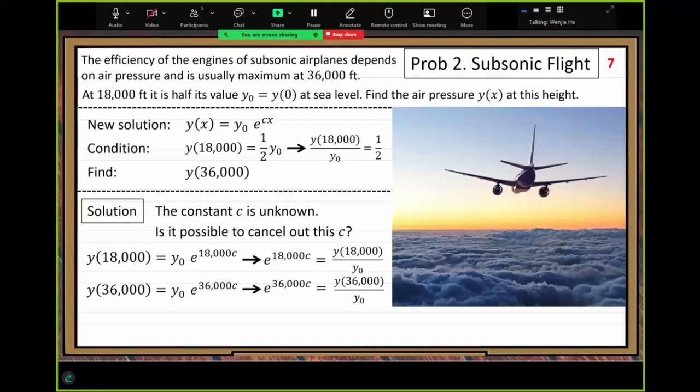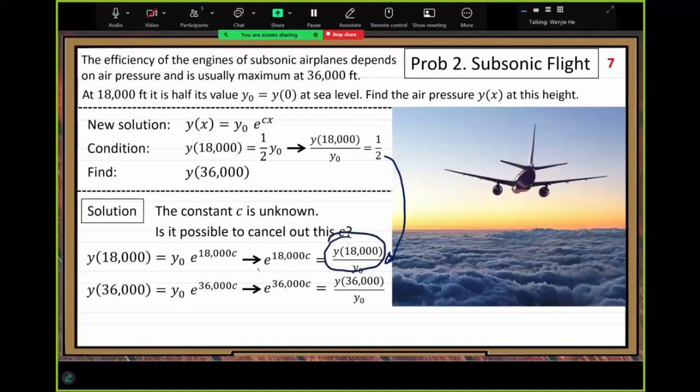this condition tells us y of 18,000 over y0 equals 1/2. From the condition. Okay. So we change a little bit. So this fraction equals 1/2. Okay. So here you can see, because based on that condition, 1/2, you can replace this fraction by 1/2.